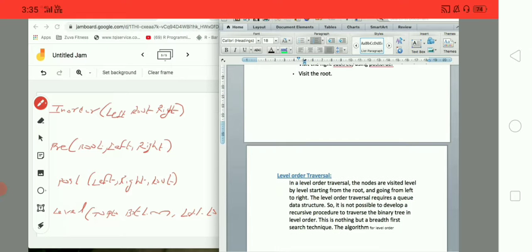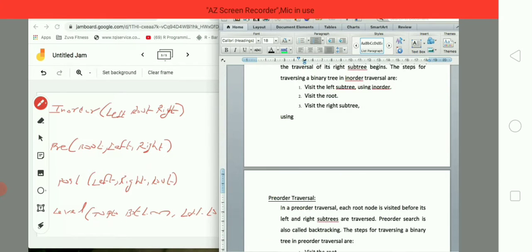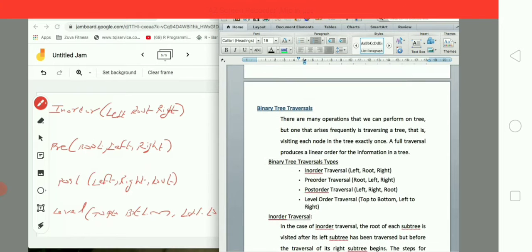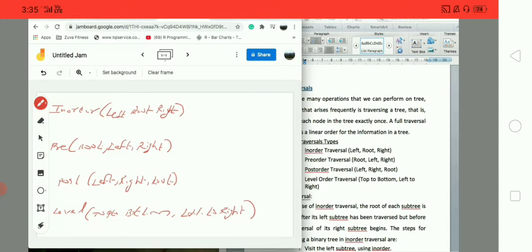Now let us use a small example and implement these tree traversals. So now let us take a small binary tree. So A, B, C. Here I took 3 nodes. A is parent and B, C are children for A node.